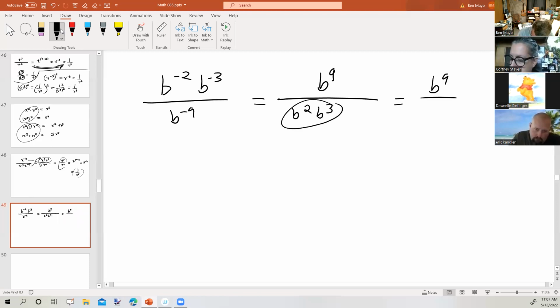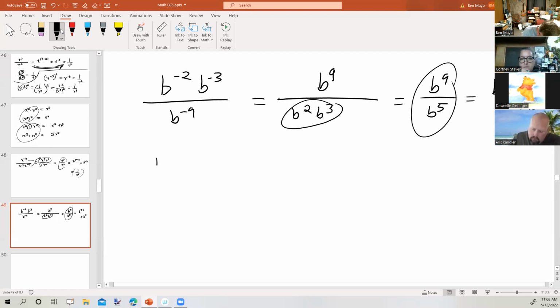Then I could multiply those two powers with the same base, so I'd add the exponents. And then I'm dividing two powers, so I'd subtract the exponents. We get that. You follow that okay, Nellie? Yeah, thank you.